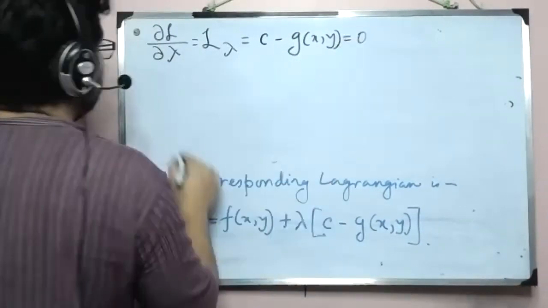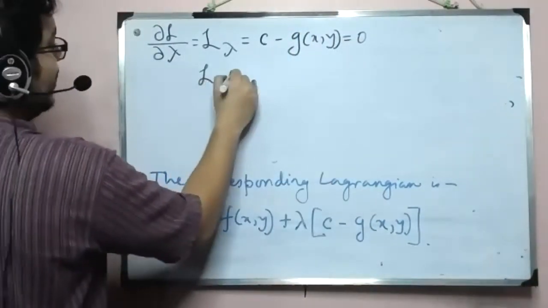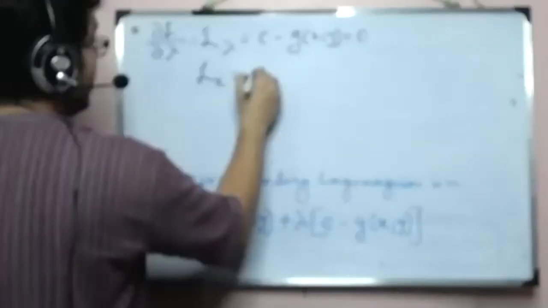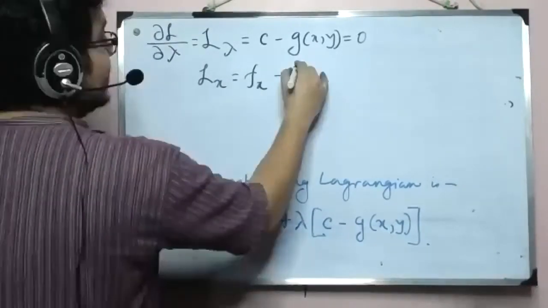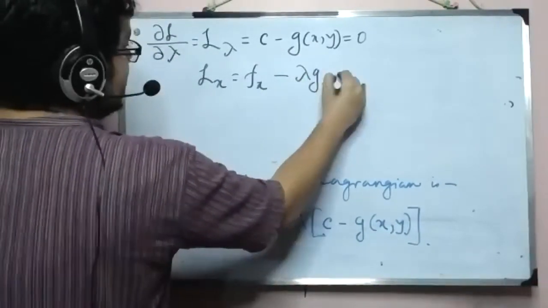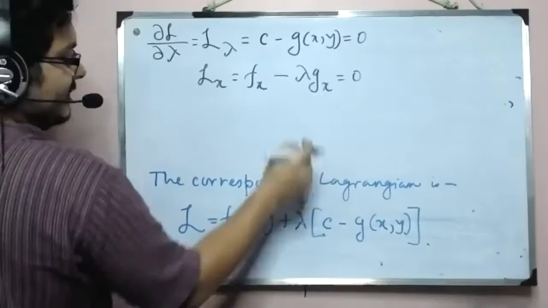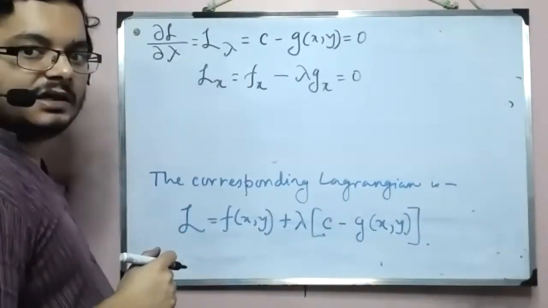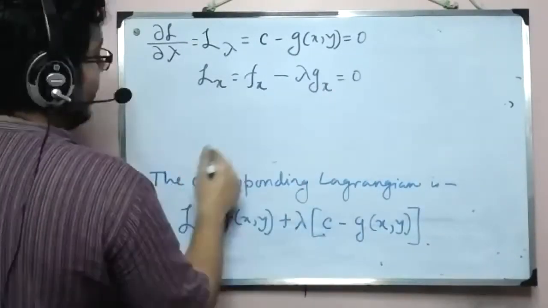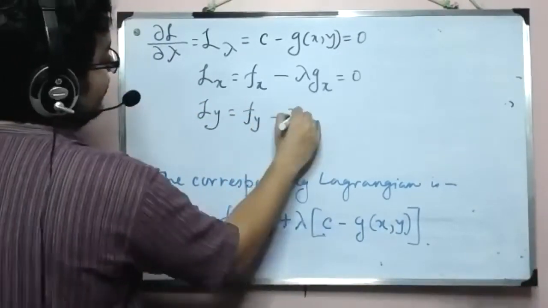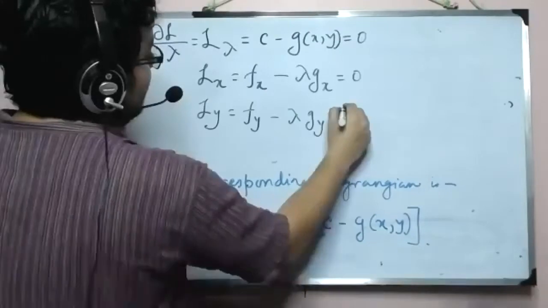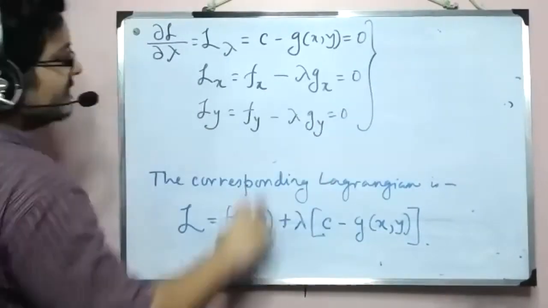If we differentiate by x, this will give us the first order partial with respect to x, minus lambda gx, where we have taken the first order partial of the function g of x comma y, and the derivative with respect to y will be fy minus lambda gy.